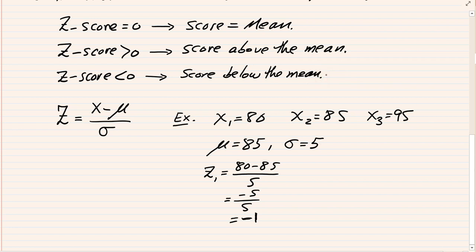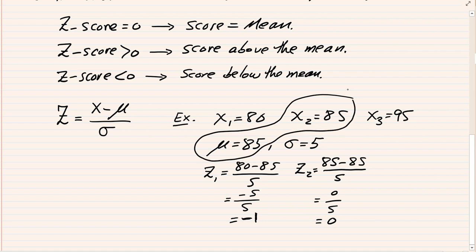There's nothing to it. The z-score for the middle one, z sub 2, for someone who scored 85, is 85 minus the mean divided by sigma, and this makes 0 over 5, and this is 0. So notice 85 in this case is the same as the mean, right?